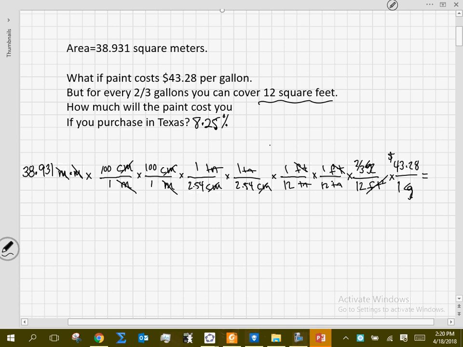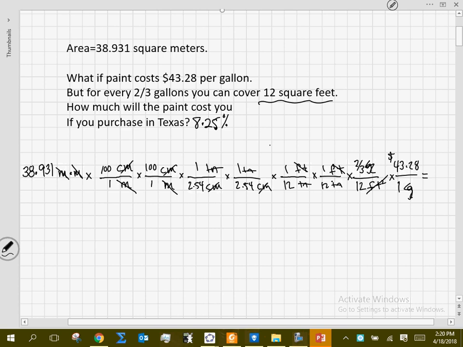So then what do I do with that number? Multiply by 8.25%, and then add that back to the number that I got up there, right? An easier thing to do is, when you pay sales tax, you're paying 100% of the item plus more. So I'm paying 8.25% more, correct? Yeah.